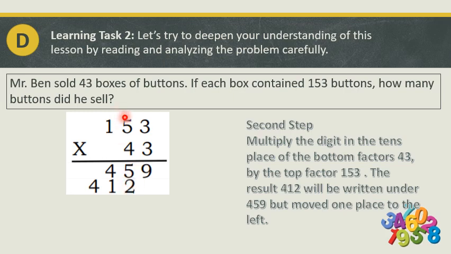So, carry 1 dito. So, 5 times 4 is 20 plus 1 is 21. So, carry 2 tayo dito. So, 4 times 1 is 4 plus 2 is 6. So, nagkamali dito. So, gawin natin siyang 6. So, siguro nagkamali sa module tayo. So, ito ay 6.